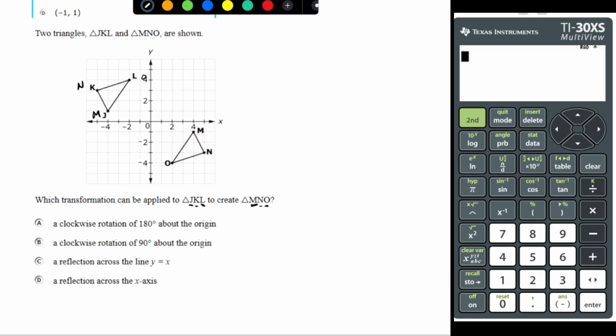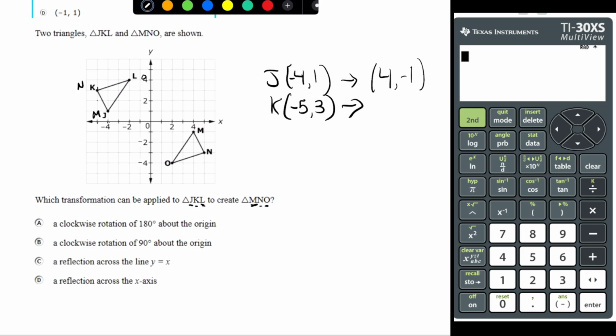So now, knowing this, we know that J is at (negative 4, 1). And our new point M is at (4, negative 1). K is at 1, 2, 3, 4, 5, 1, 2, 3, (negative 5, 3). We went left 5, up 3.